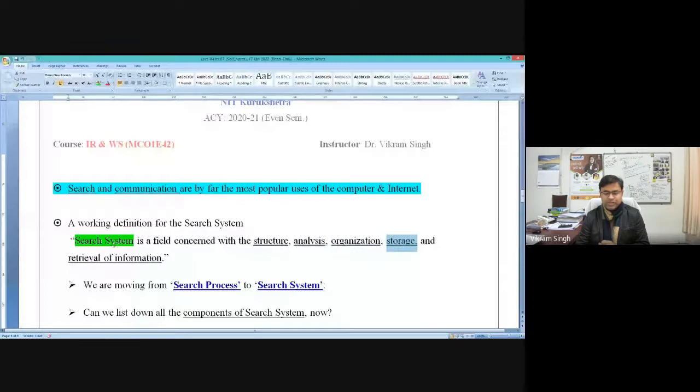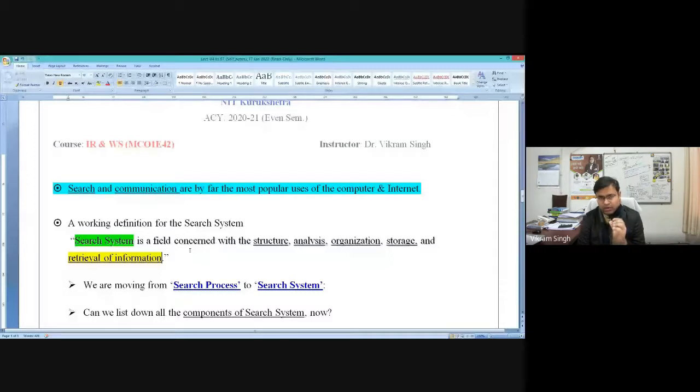You can see here, retrieval of information is one activity in the search process. This is just a definition taken from a certain textbook, and it emphasizes primarily five core computing processes which are to be there within a search system.